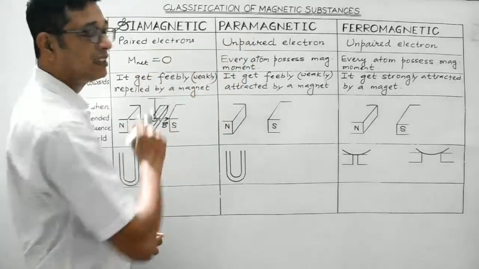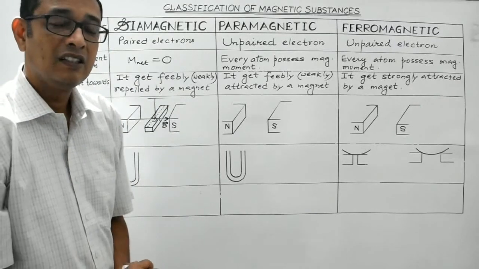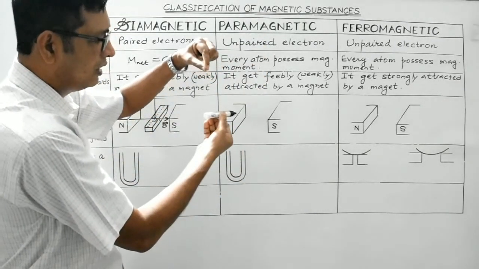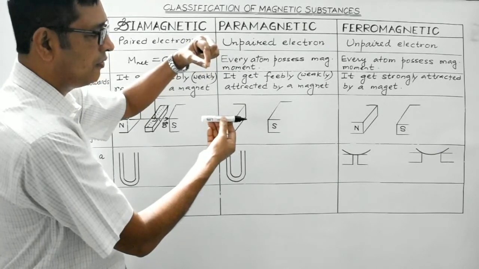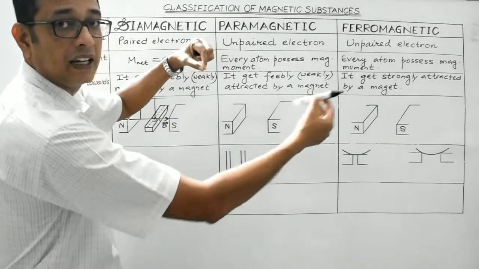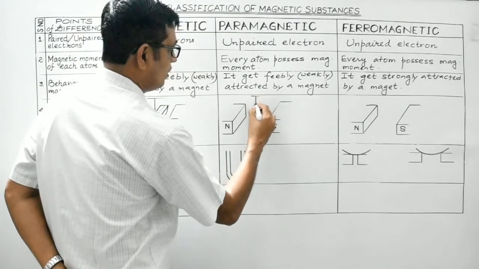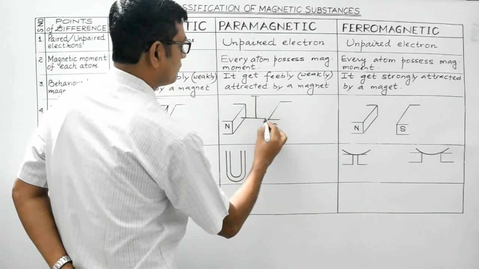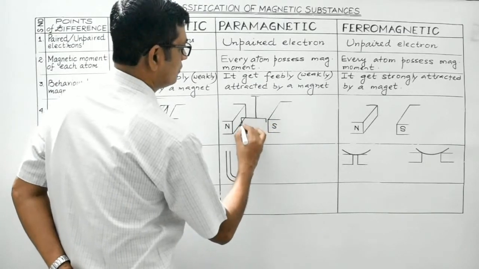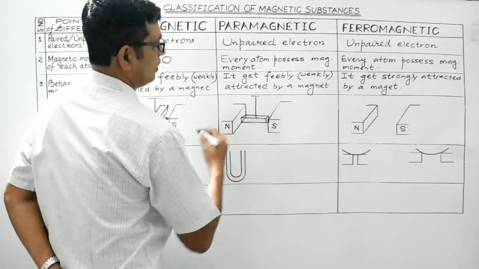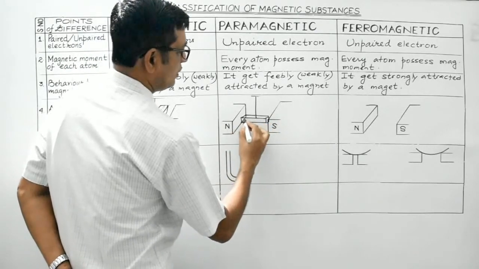Anyway, for a paramagnetic substance, it is observed that when suspended freely, it slowly and steadily aligns itself along the direction of the magnetic field. So the diagram in this case for the paramagnetic specimen would be somewhat like this. So it will tend to align itself.